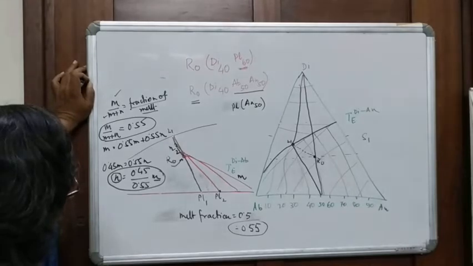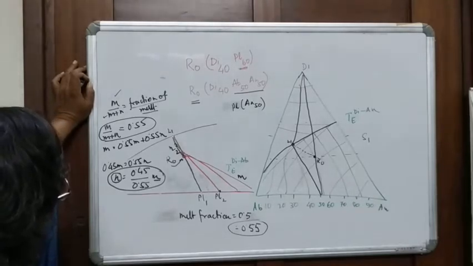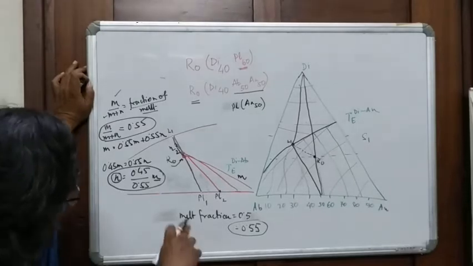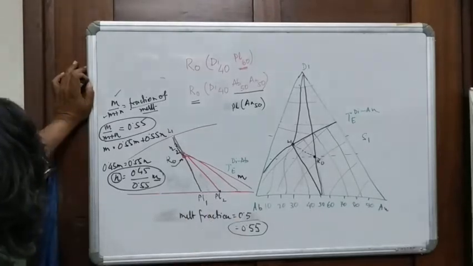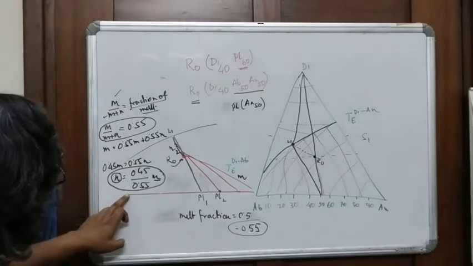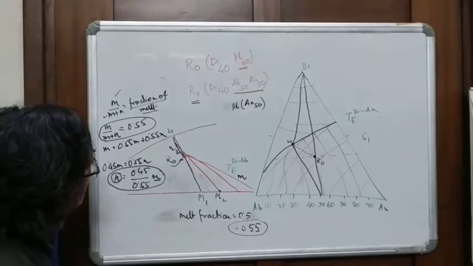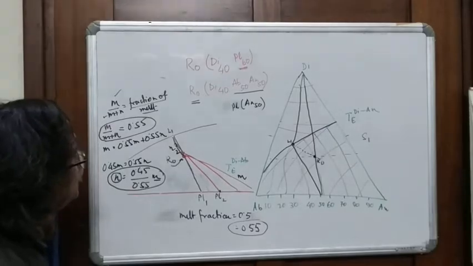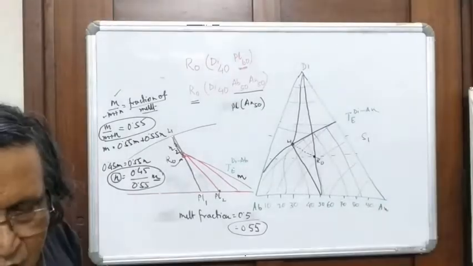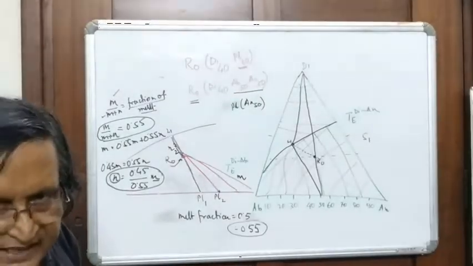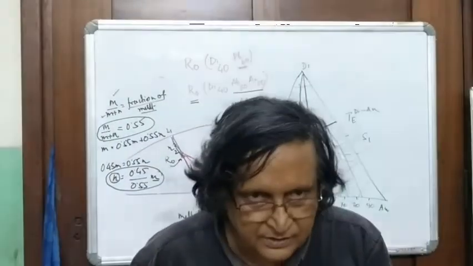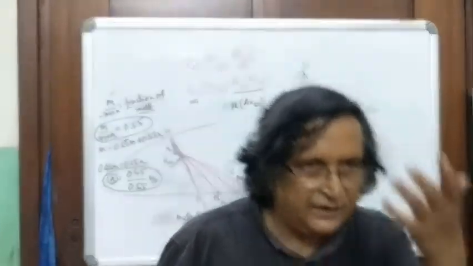Right. If you have a melt fraction 0.55, then you do this and then you do this. So when should all the rock be exhausted? Or melt should be 100%. That's the point. When will this process end?